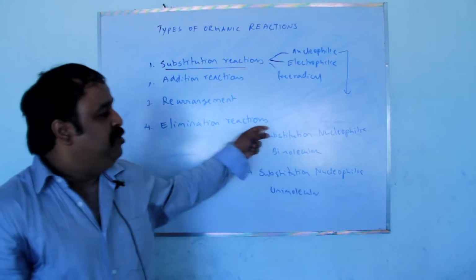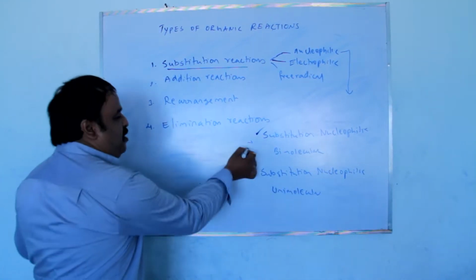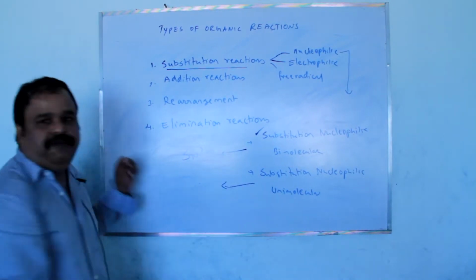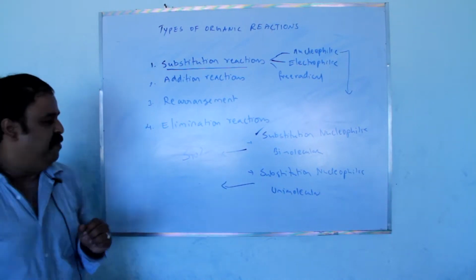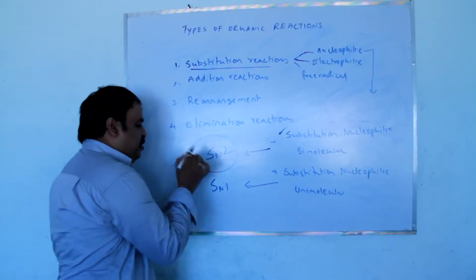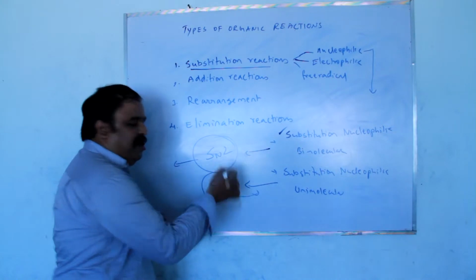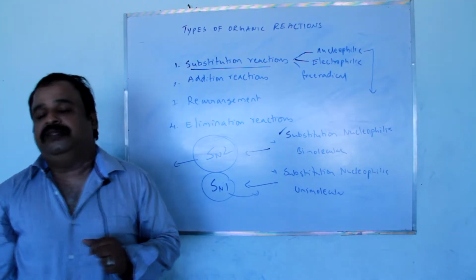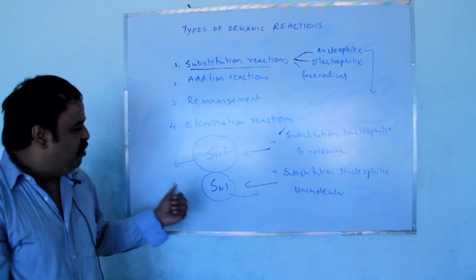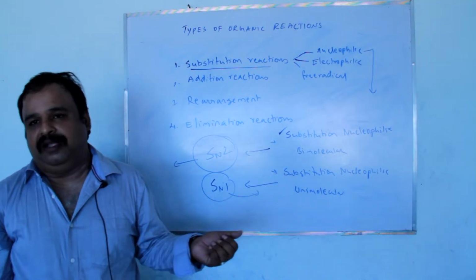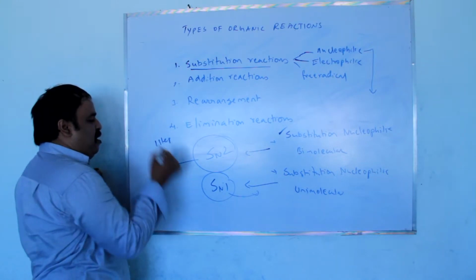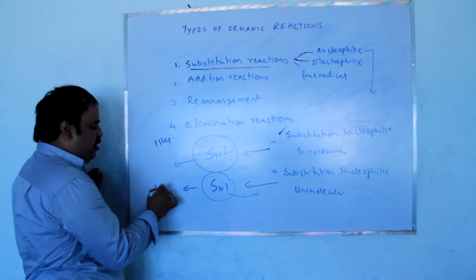Substitution nucleophilic bimolecular is represented by SN2 and unimolecular by SN1. SN2 reactions follow second order kinetics, while SN1 reactions follow first order kinetics. SN2 takes place in one step and SN1 in two steps.